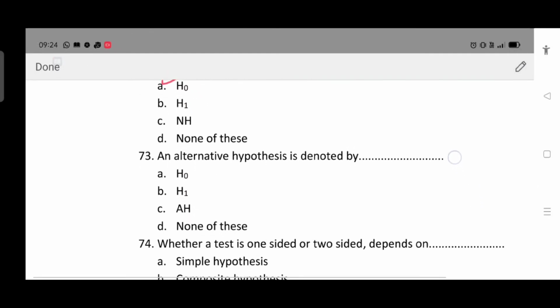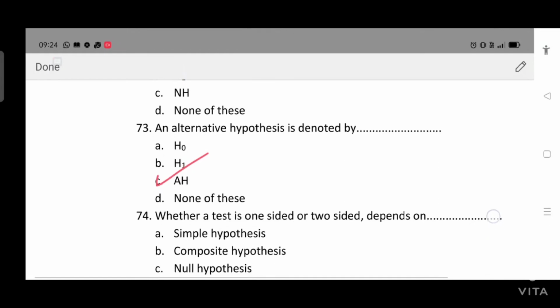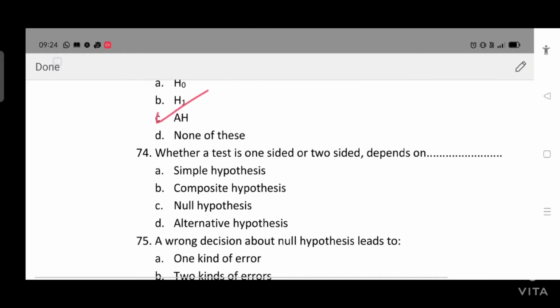An alternative hypothesis is denoted by B, capital letter H. Whether a test is one-sided or two-sided depends on dash. A, B, C, D. D, alternative hypothesis.